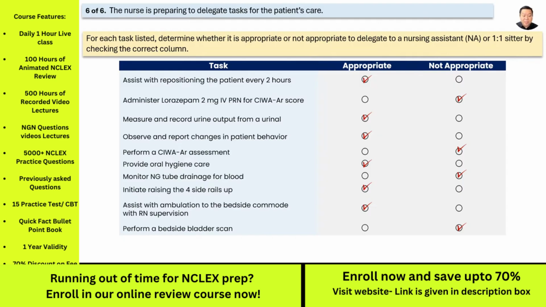So there might be some inaccurate readings or misinterpretation that can happen here if you delegate this to the nursing assistant. So this might lead to inappropriate intervention. So it would be safer for the RN to perform this action on her own.